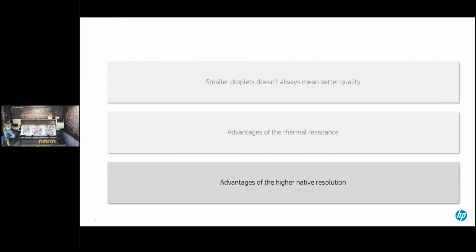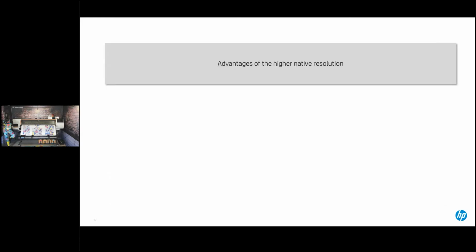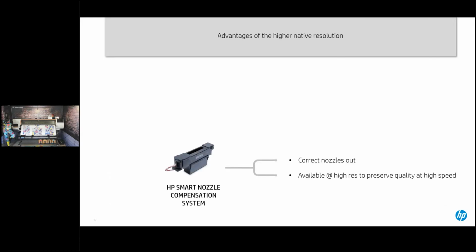So advantages of a higher native resolution. One of those is our smart nozzle compensation system. Now this will correct for nozzles out. So during the cleaning process, the ink will spit into the chamber in the optical drop detector, and it will be able to detect if there are any nozzles that are missing.